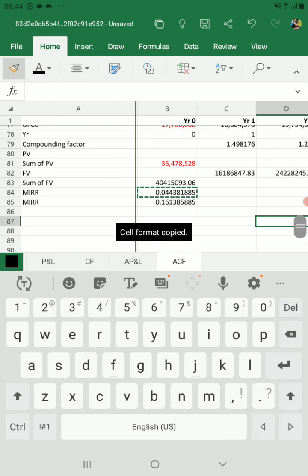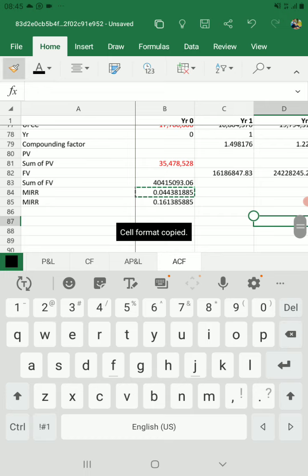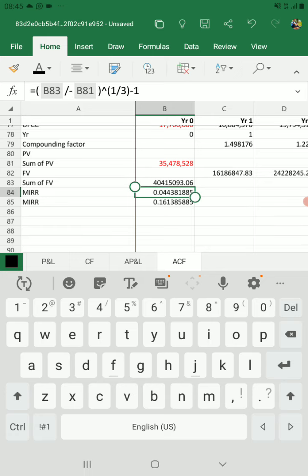We have got a different IRR from the one. So what is the problem? Let me see what is the problem here, because this IRR obtained manually should be the same as the IRR obtained using the formula. So let's see what went wrong there.